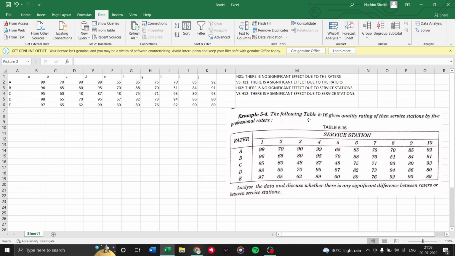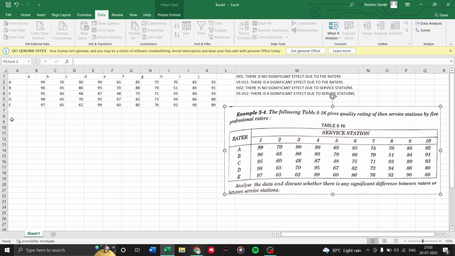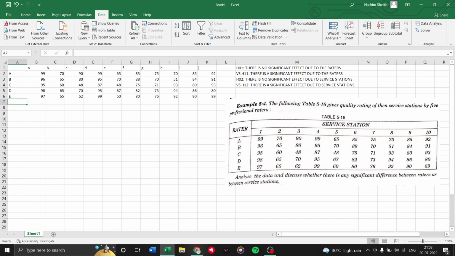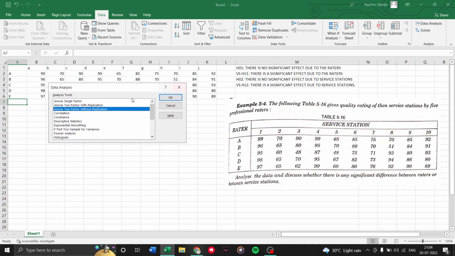So now moving on to the calculation part, we will be using the MS Excel data analysis package. We go to data analysis and use the ANOVA two-factor without replication. Now why without replication? See here, corresponding to the first rater and the first service station, we have just one value.